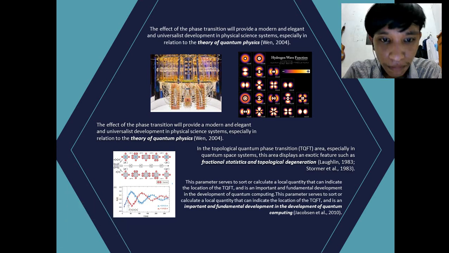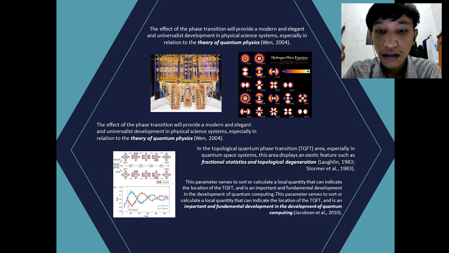The parameter serves to sort or calculate a local quantity that can indicate the locations of the TKFT, and it is an important and fundamental development in the development of quantum computing.